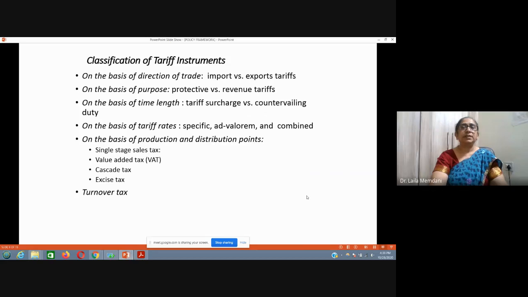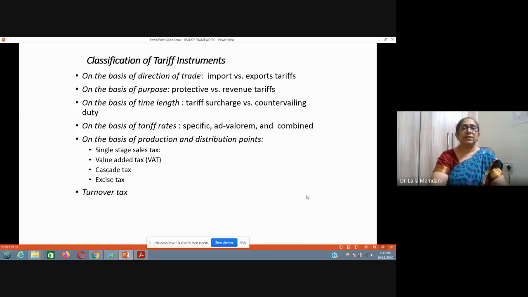Now, if any country is dumping their goods in other countries, the other country, as per WTO rules and regulations, can impose anti-dumping duties or countervailing duties so that the domestic product doesn't become uncompetitive. Countervailing duties are for a limited period of time, as long as the other country is dumping. Tariff surcharge is on a continuous basis.